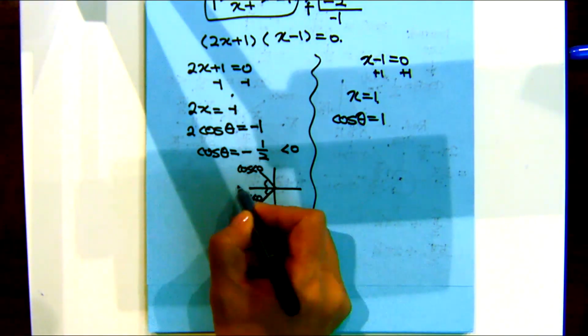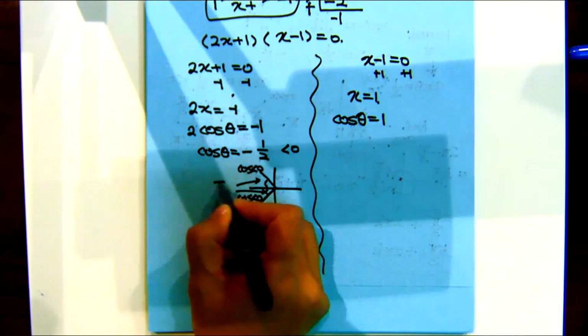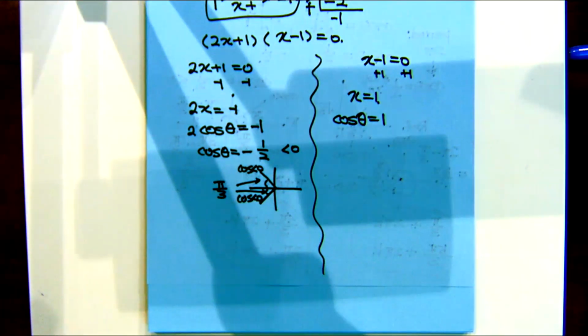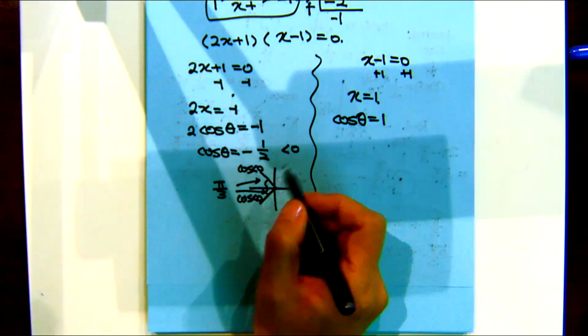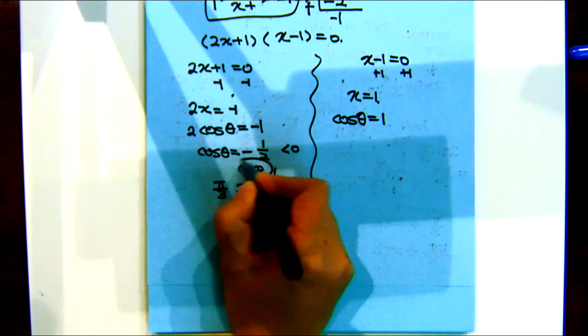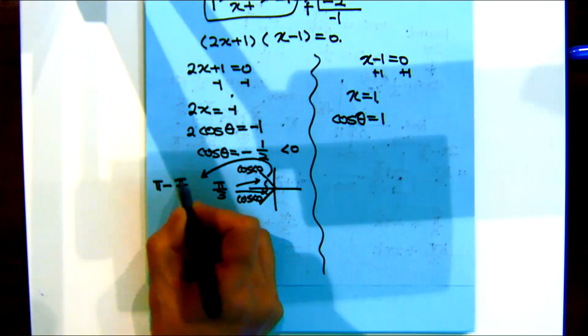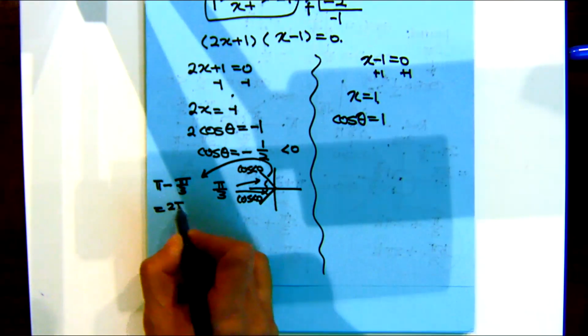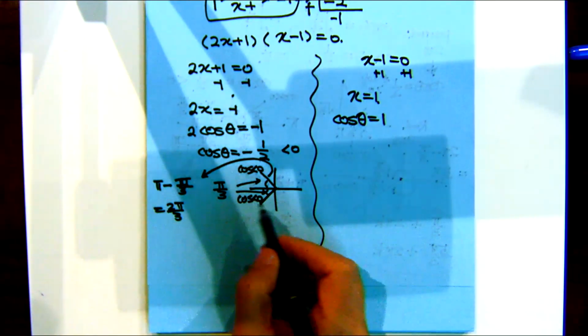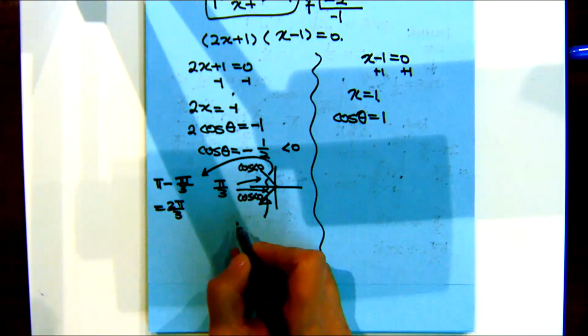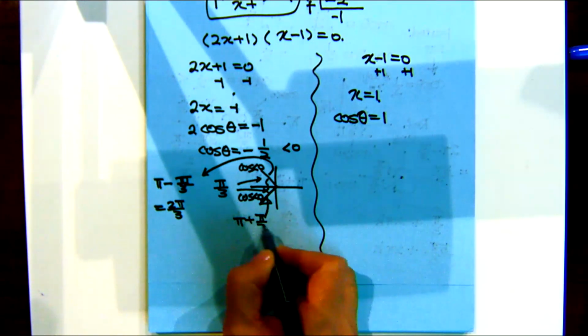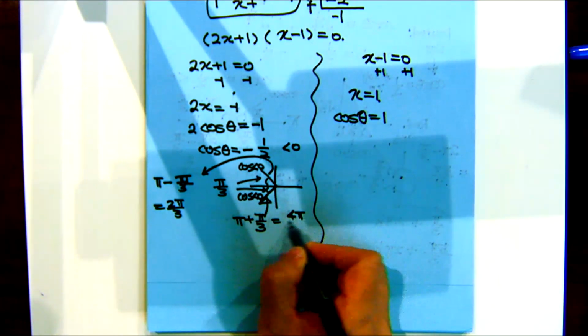So the same reference angle pi/3. For this angle, that can be obtained by pi minus pi/3, which is 2pi/3. And for this angle, we have pi plus pi/3, which is 4pi/3.